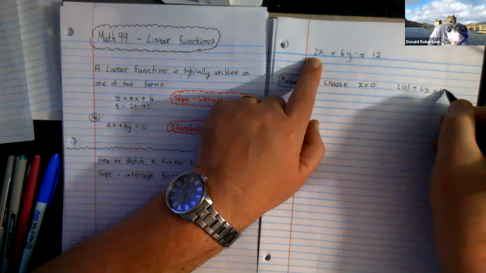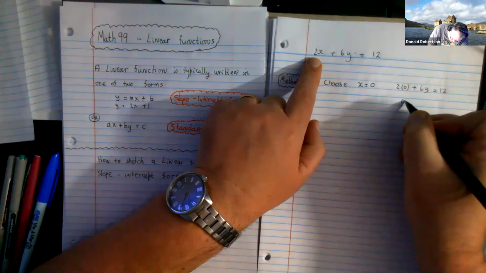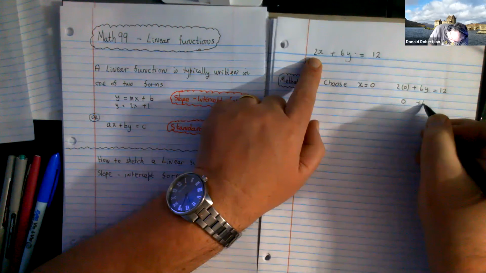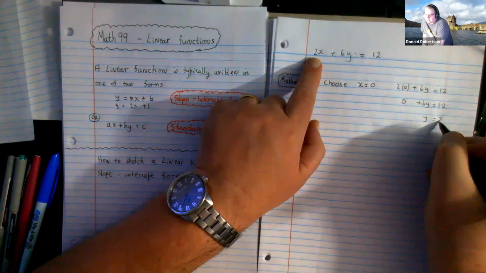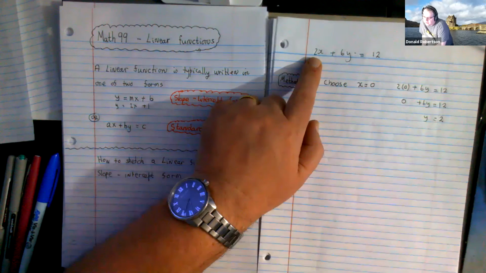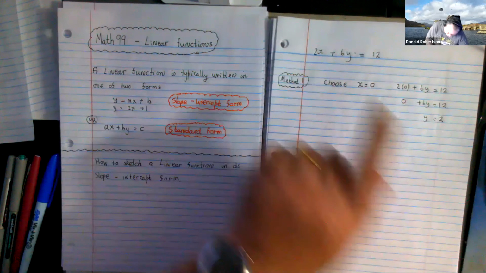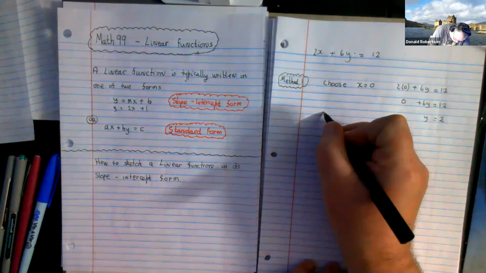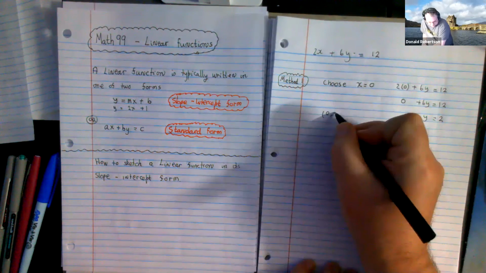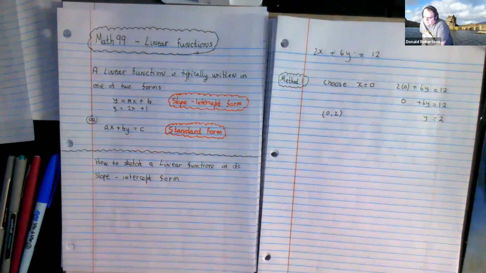Do you see that the difference is that you have to do a little bit more work? Essentially, don't you have to solve a little equation to get the y value? And that gives me 0, 2. So far, so good.